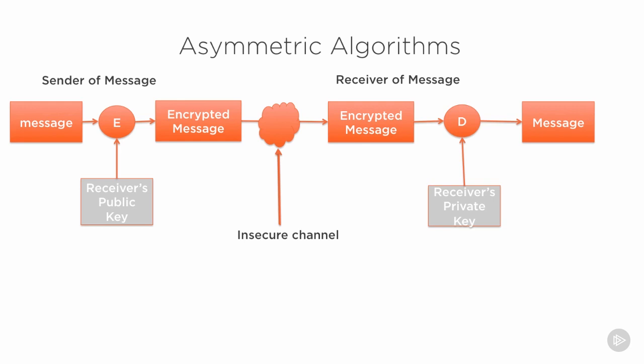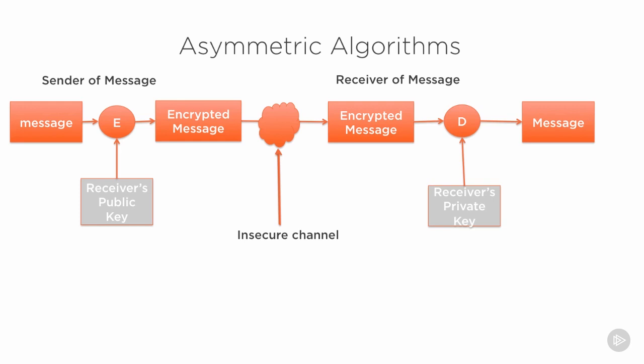When the receiver receives that encrypted message, they will decrypt it by feeding it back into the same crypto system, but they would have to use the other half of the key pair to decrypt it. Since the receiver's public key was used to encrypt the message, the only key that could be used to decrypt the message would be the receiver's private key.